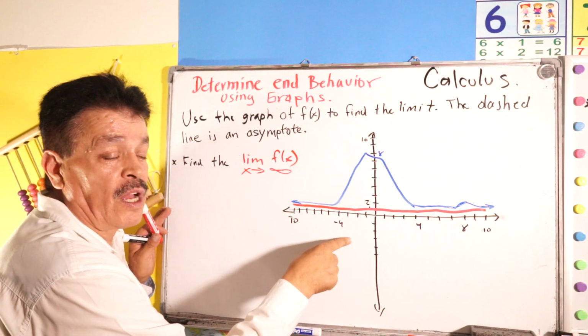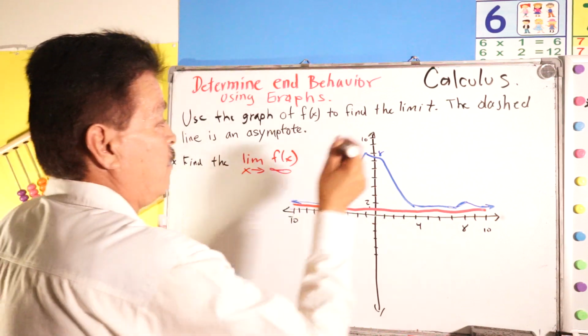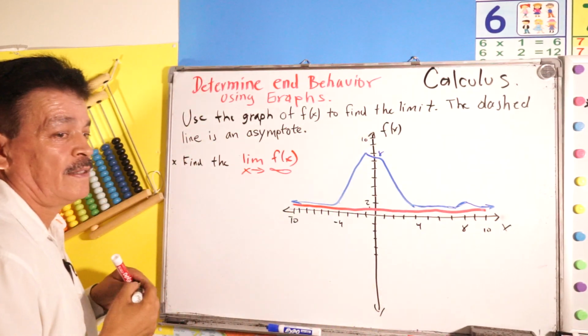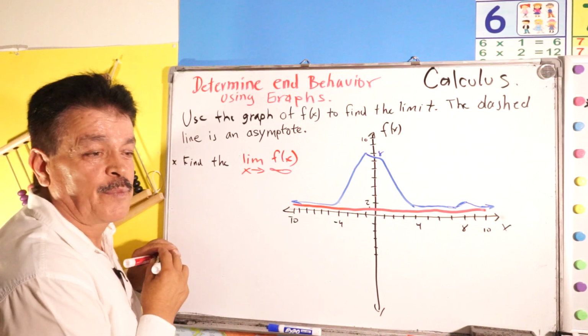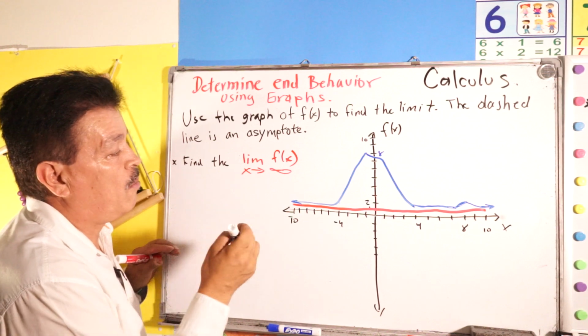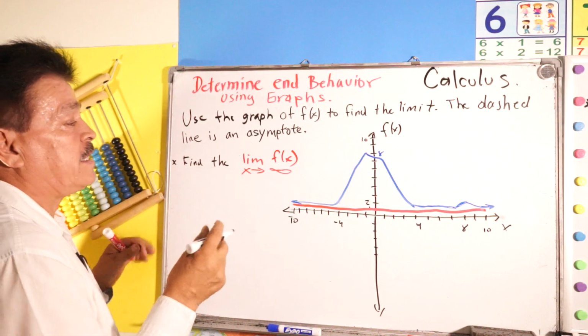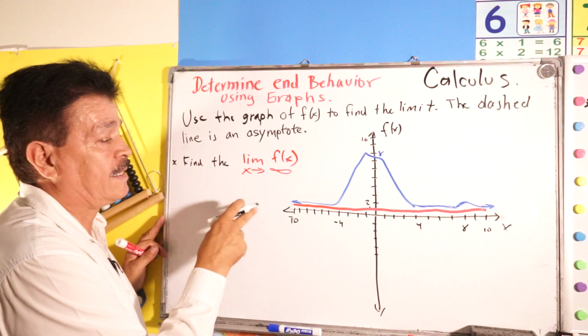What is happening to our graph of f(x) as x increases without bound? The graph of f(x) approaches the horizontal asymptote.